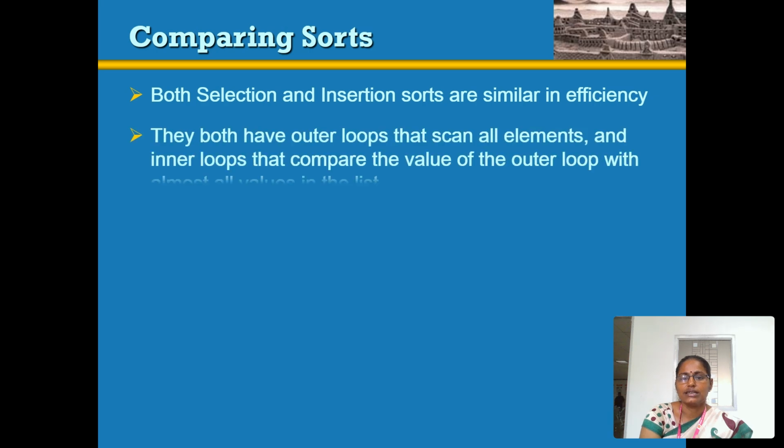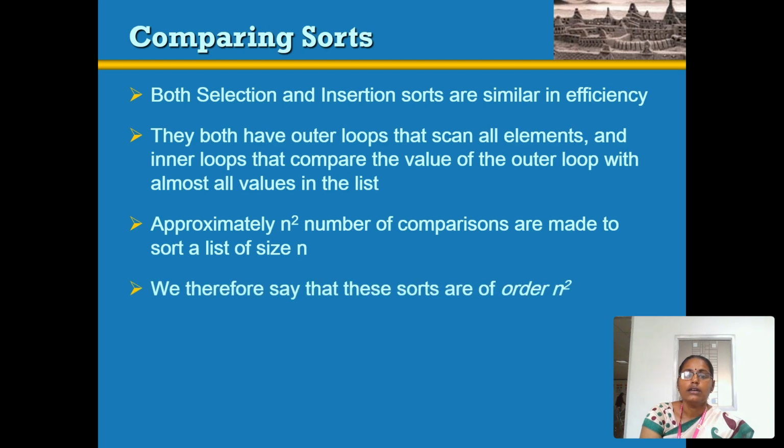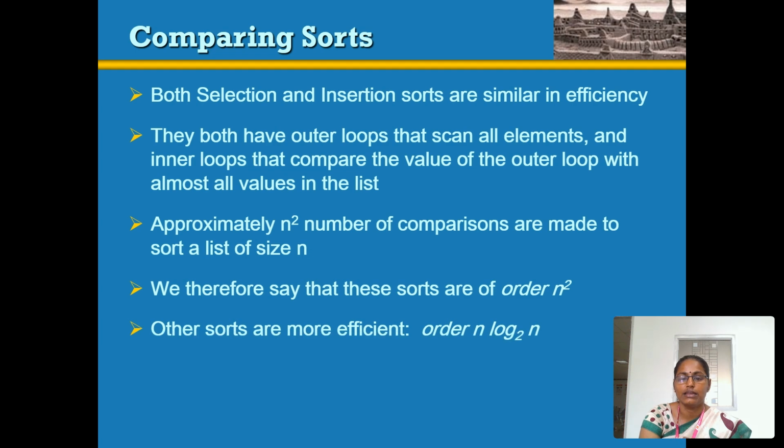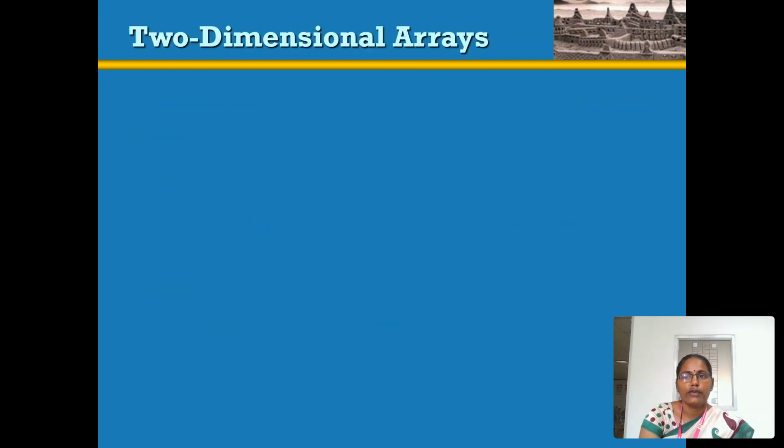We are going to compare insertion sort and selection sort, which are similar and efficient. Both have n squared comparisons for a list of size n. Order is nothing but n squared, while efficient is order n log n. Then we are going to see a very important topic.